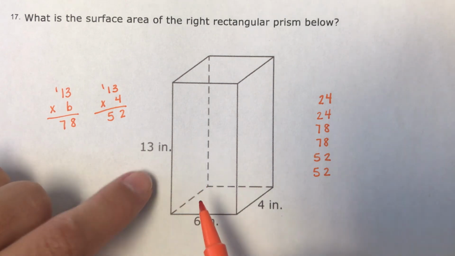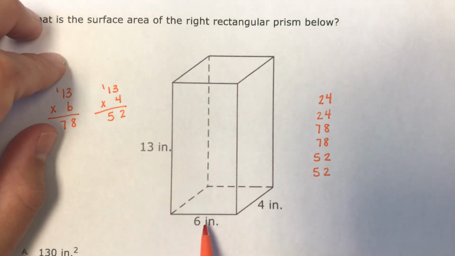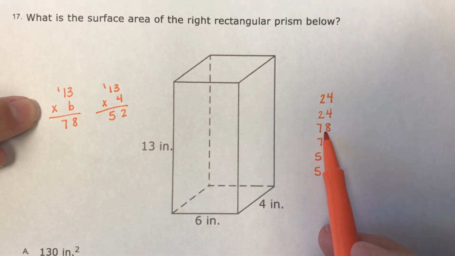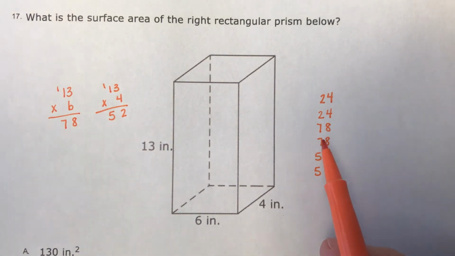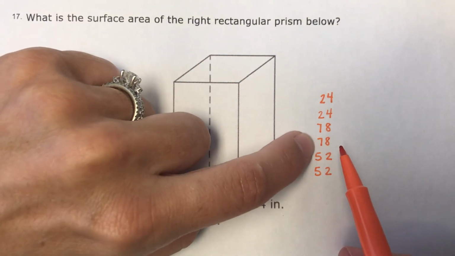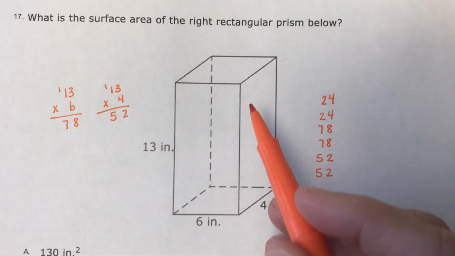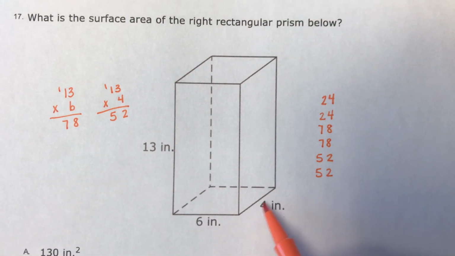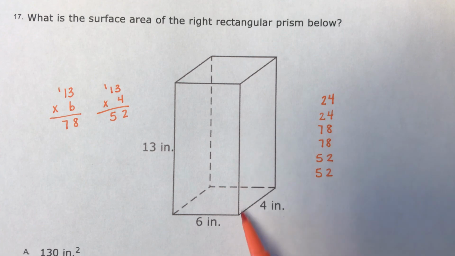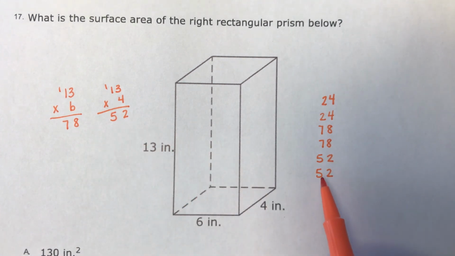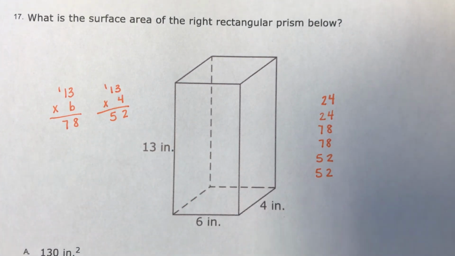Okay, and once again, it's length times width. So I did 13 times 6, and I got 78. Now remember, there's a match. There's a front and a back, so that's why we have two 78s. Okay, then I moved on to the side. I did 4 times 13, get this 52, and remember, there's 2 of them because there's a left side and a right side. They match up.